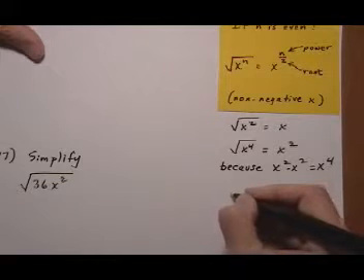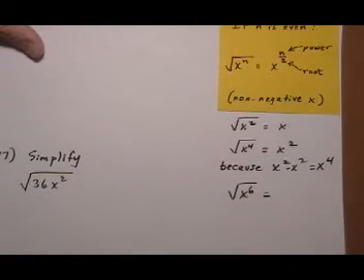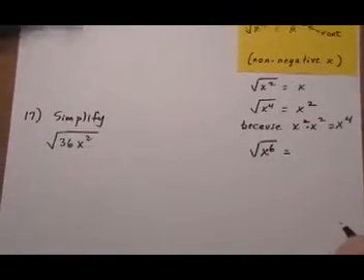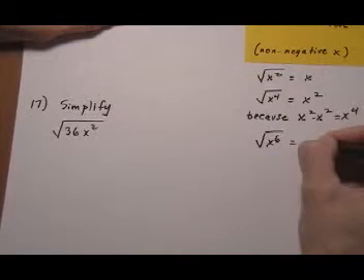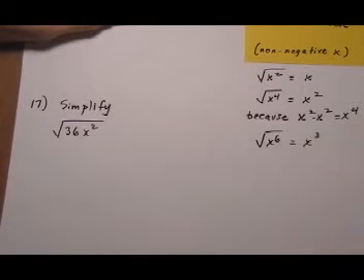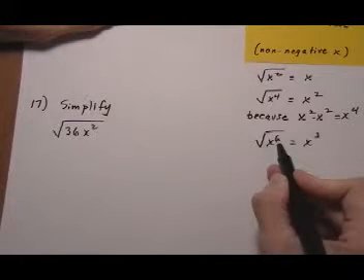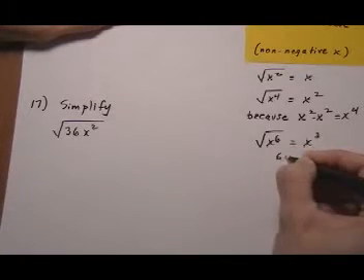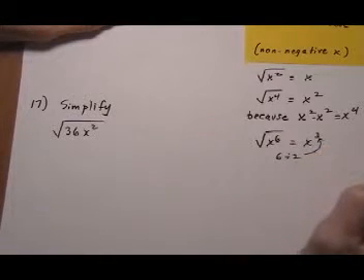So x to the sixth, let's look at that. Square root of x to the sixth. What multiplied by itself is going to give us x to the sixth? It'll be x cubed. So as soon as you do the root, you divide the power by 2. We're doing 6 divided by 2, and that gives us a 3.